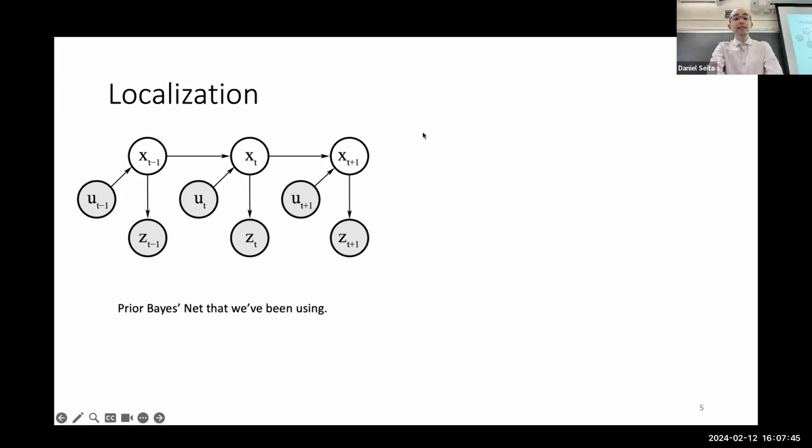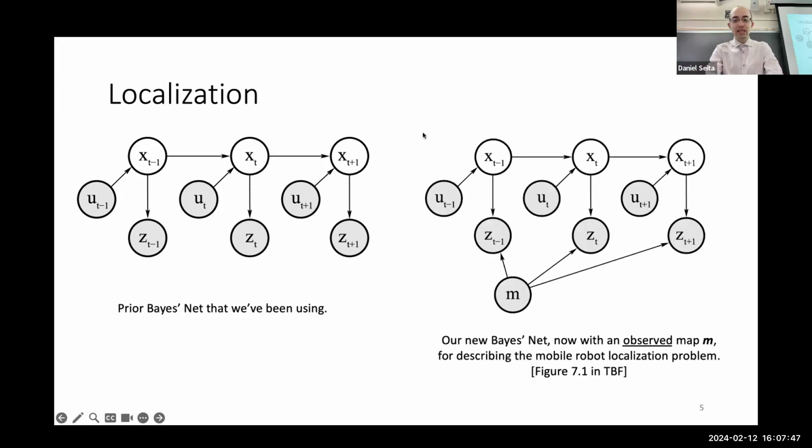So if we're trying to do localization, the main thing that's different is that we now have an observed map. The reason it's shaded is because we assume you're given one. If you're not given a map, then you would not shade that. So that gives you a sense of what the mapping Bayes net will look like, but this is the localization one, so we're assuming we're given this map.